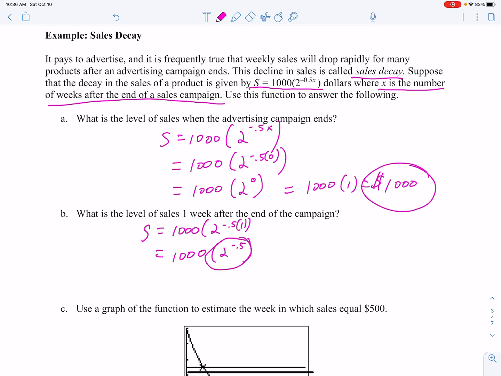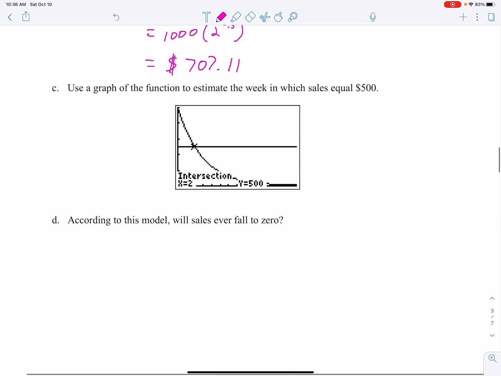So you're going to use a calculator to do 2 to the negative 0.5 power, then multiply by 1,000. That's important. Watch your PEMDAS. And once you plug that into a calculator, you should get $707.11. As long as I did my math correct. We'll see. Okay. All right, moving on.